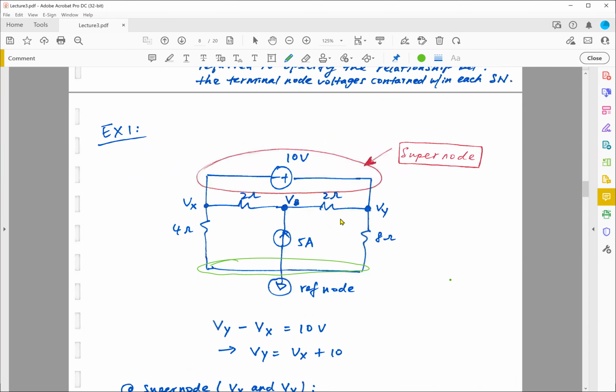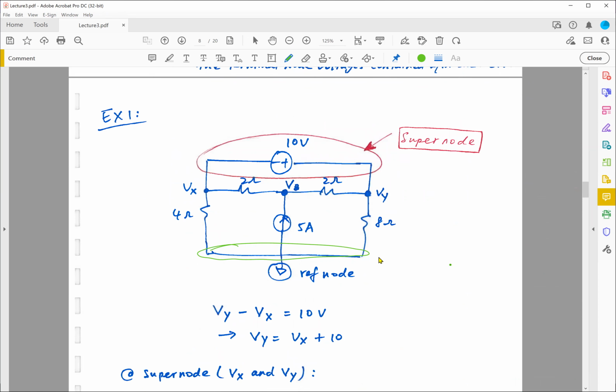Same as this one. So in that case, I know I need to use a supernode. I'm going to circle this and call it the supernode. Even though I circled this, in reality it is basically this, including Vx and Vy.